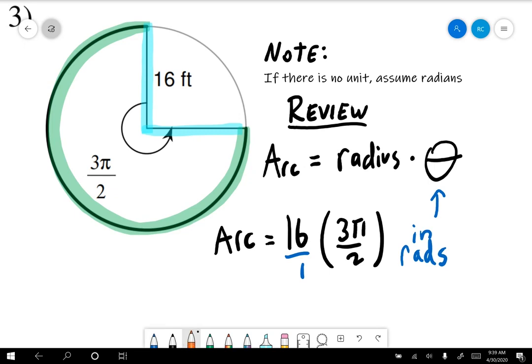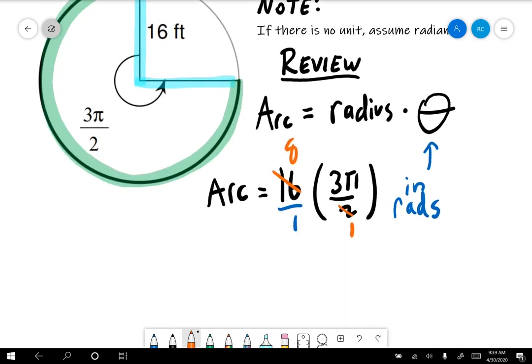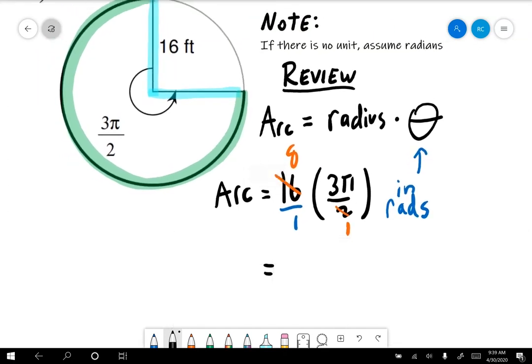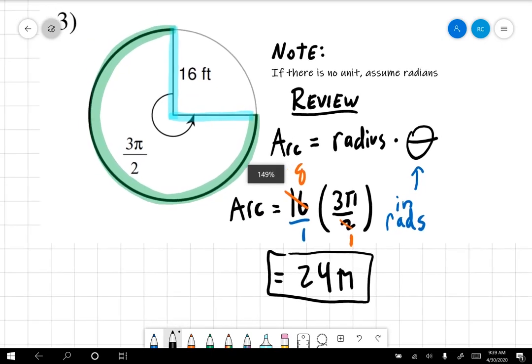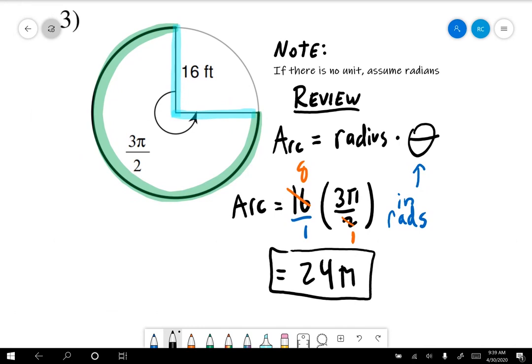And 16 and 2 are both divisible by 2, so we get 1 on the bottom, 8 on the top. Multiply straight across the top, straight across the bottom, and we get 24 pi. And we're going to leave the answer exact this time. Let's move on.